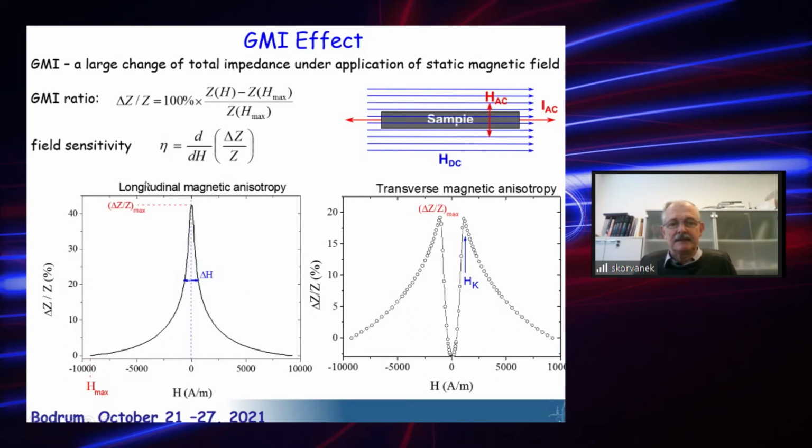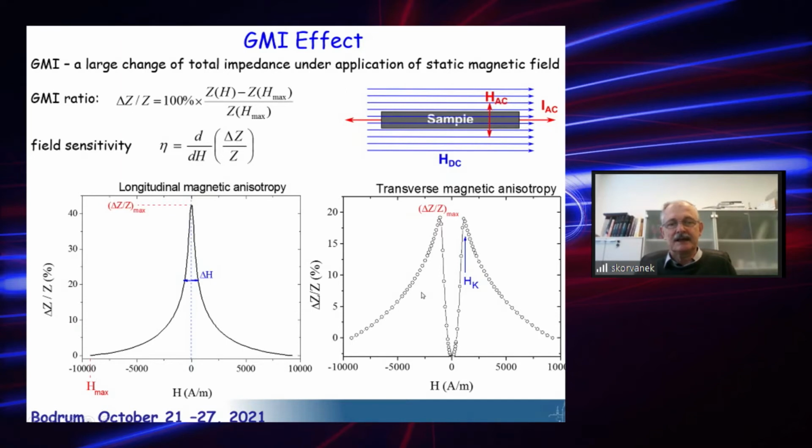In this way, we observe the GMI characteristics, of which the most important is the so-called GMI ratio, which is given by this formula. For a sample with longitudinal magnetic anisotropy, we observe this single peak behavior. For a sample with transverse magnetic anisotropy, we observe this double peak behavior.